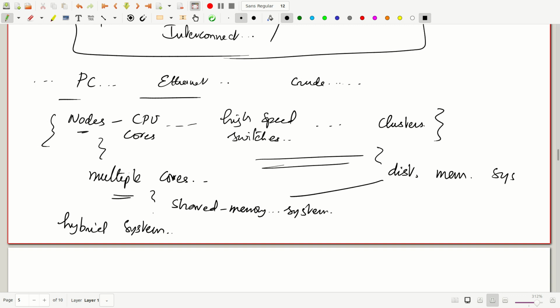So all these top500.org clusters that are listed there, and many other supercomputers that we have, all fall into this MIMD, or the distributed memory, or the hybrid system technology.